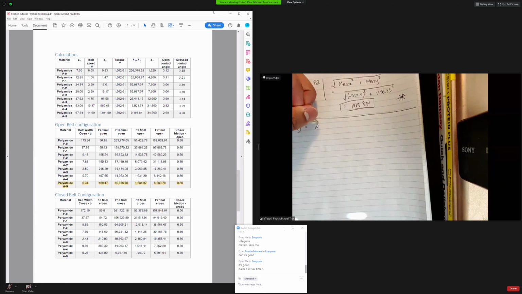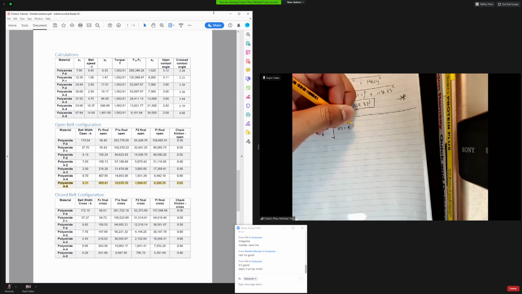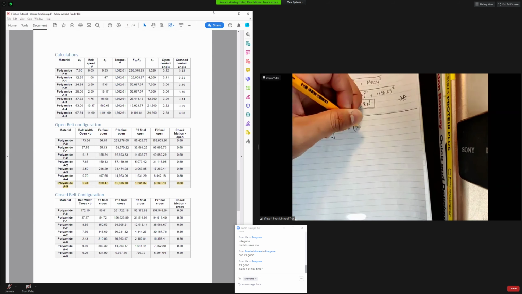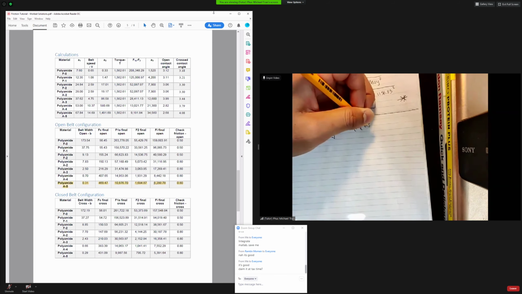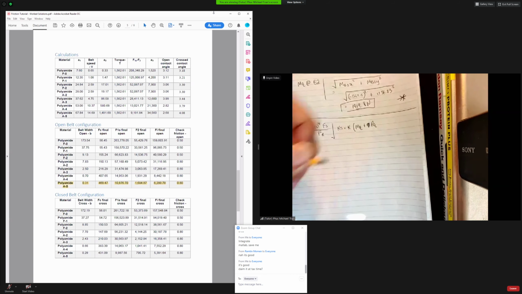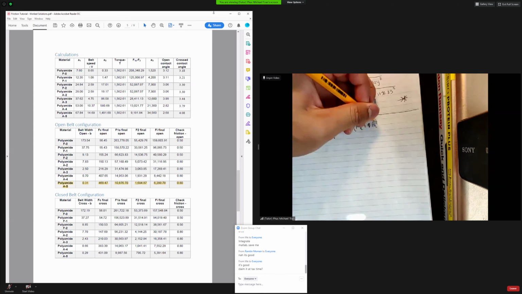Off the top of my head, 10 to the 4 F safety factor, FR, I think. Yep. Square root of KS size factor times K, MQ plus T PQ, D, 8,000.